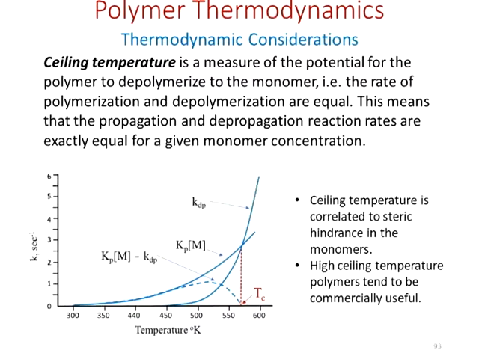And again, it's proportional to the steric properties of the monomer, and higher temperature tends to give you polymers that are more commercially useful, or at least industry is more interested in polymers with high TC for many of the applications.